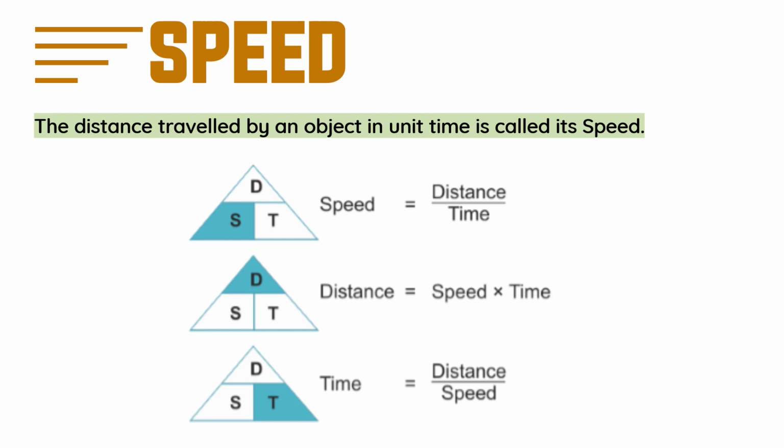Distance, we have to find speed into time. Multiply speed and time. Then next is time. How to calculate time? Distance upon speed. So by keeping this figure in your mind, D, that is distance up, and S and T here in a triangle, you can calculate speed, distance and time very easily.